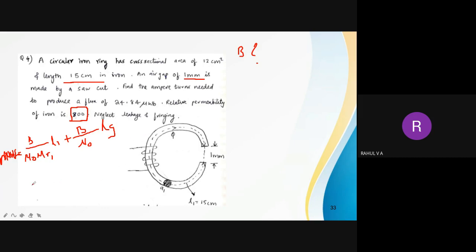Okay, so they haven't given us the value of B. But we know B is nothing but flux density. It is flux divided by area. And they have given us the value of flux, 24.84 microweber.